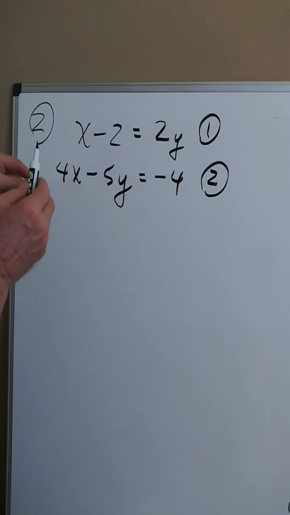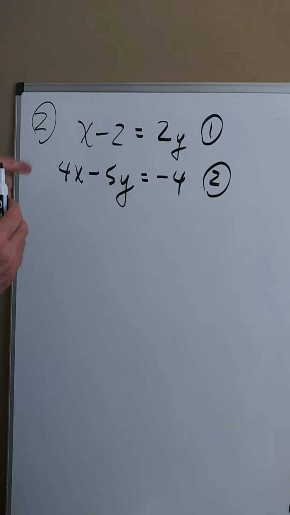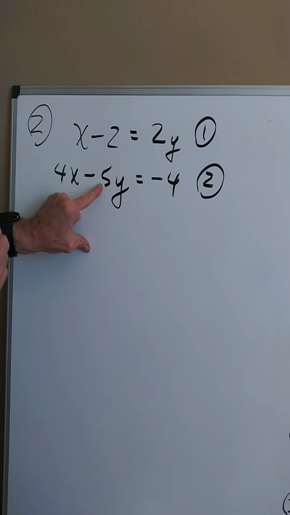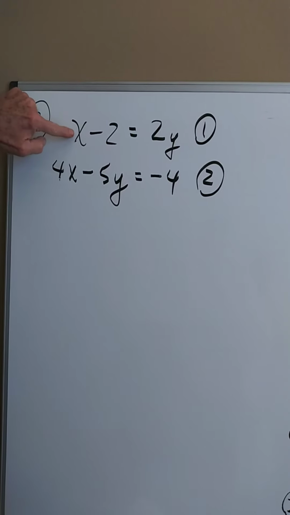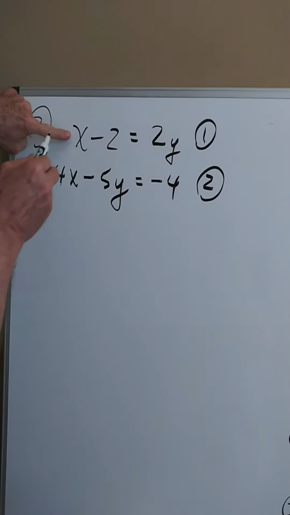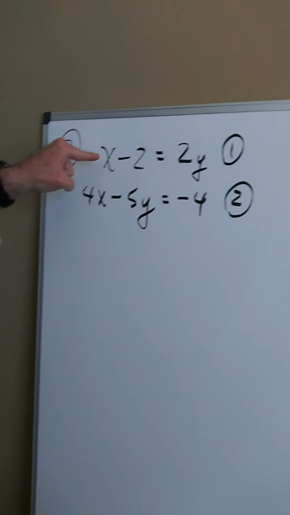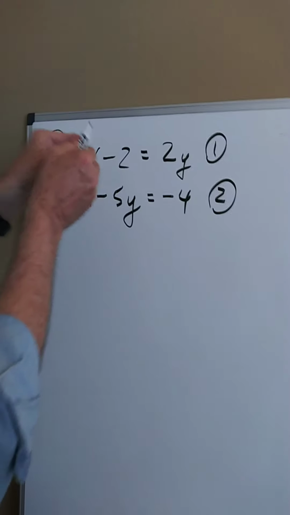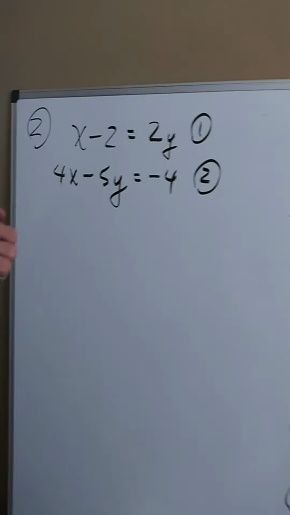You want to find a variable term that has a coefficient of 1 or negative 1. It's not him. It's not him. It's not him, but it is him. So we're going to take equation number 1, and we're going to solve this for x. And once we get it solved for x, then we'll be able to substitute.